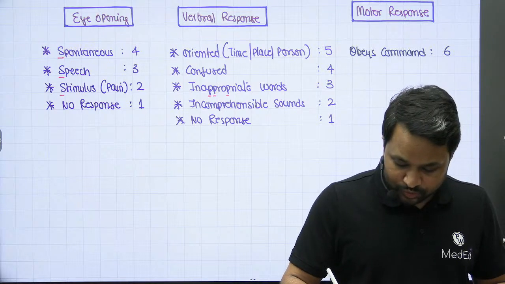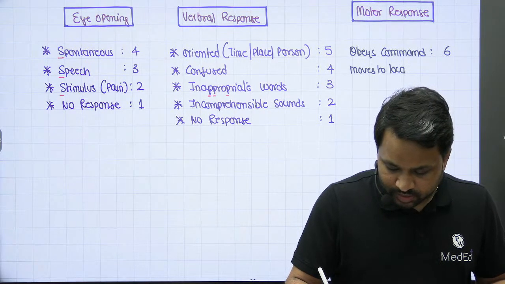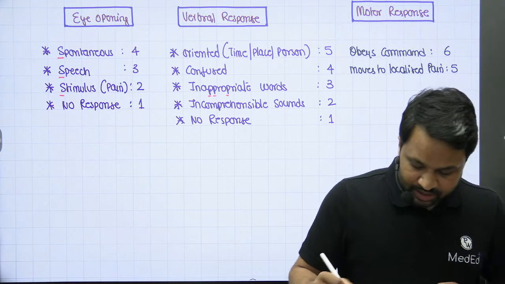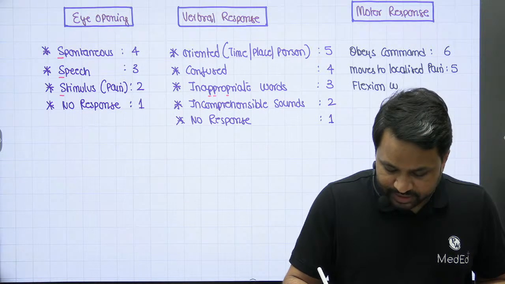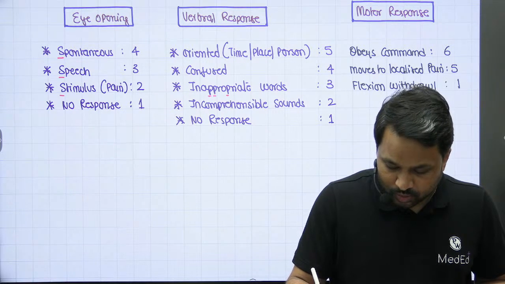Now if he moves to a localized pain, he is able to localize where the pain is there. If he is able to move to a localized pain, a score of 5 is given. If there is flexion withdrawal to the pain, a score of 4.